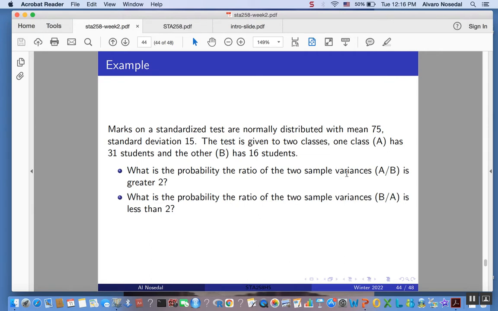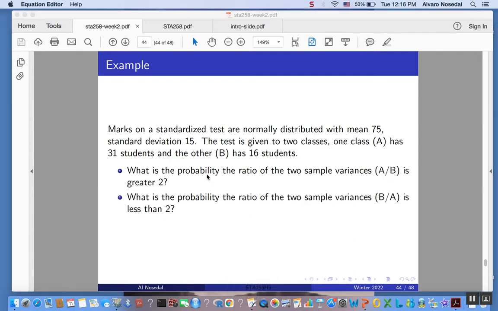So we want to do the sample variance of A divided by the sample variance of B. We want to compute the probability that that ratio of sample variances is greater than 2. So that's the ultimate goal.